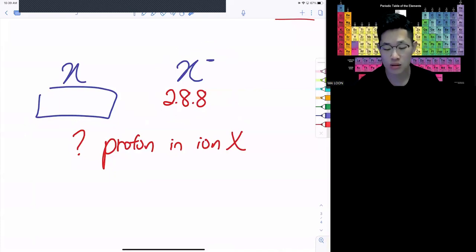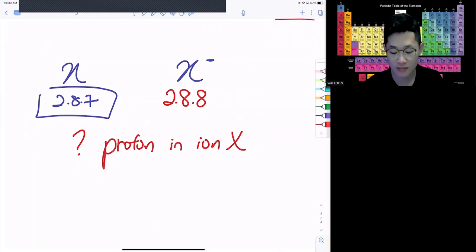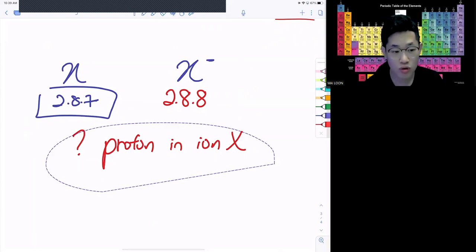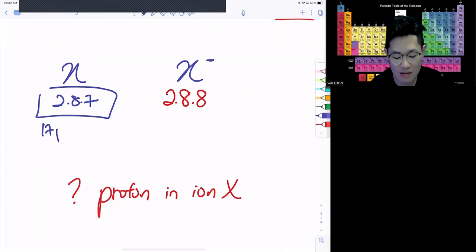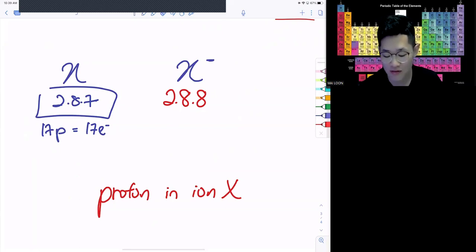So what I have to do is, I always go back to the atom form. A negative charge means I have to minus 1 electron here to get 2, 8, 7. So 2, 8, 7 means it is having 17 proton, 17 electron. Since atom and ion have the same amount of proton, the answer is 17.